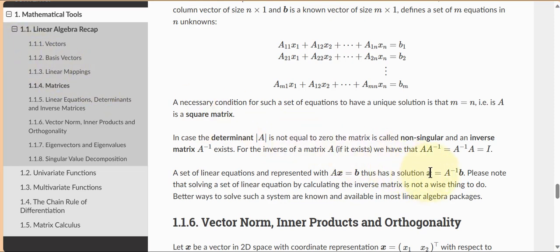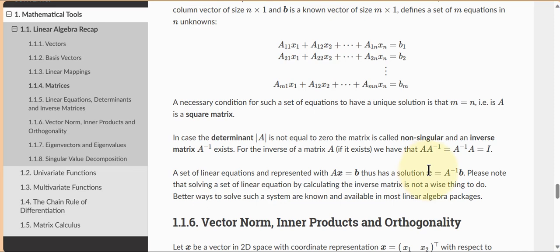So you might want to solve this, and you could do this, but he warns us or suggests that we don't do it that way. He says, please note that solving a set of linear equations by calculating the inverse matrix, which, basically, when we have this system of linear equations, we said that we can write it like this, and then we can get the solution to this like this, which basically means we've solved the system, right?